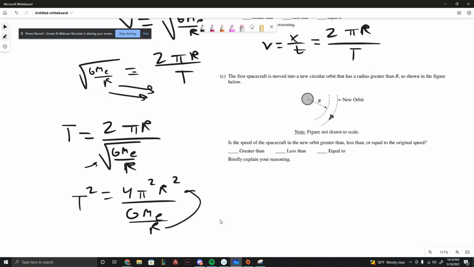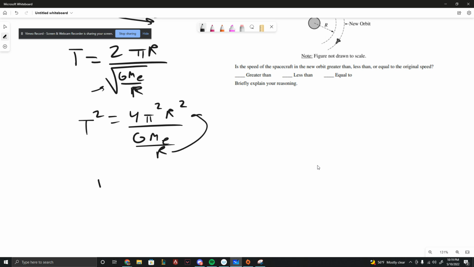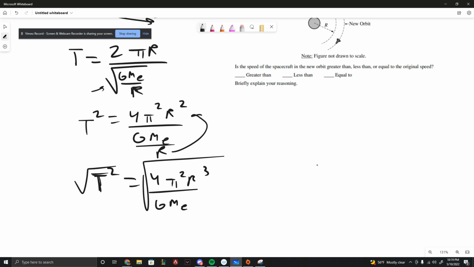This r will go there. So that's going to be T squared is equal to 4 pi squared r cubed over G M_E. And this should start looking familiar, as this is Kepler's law, one of his laws at least. And if you want, you can square everything, but you don't really need to. So that's that part.